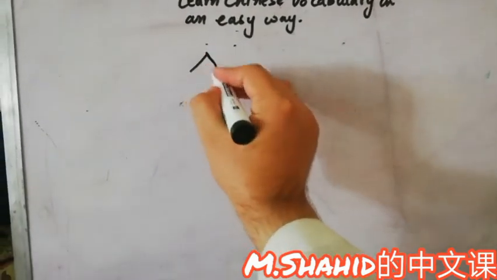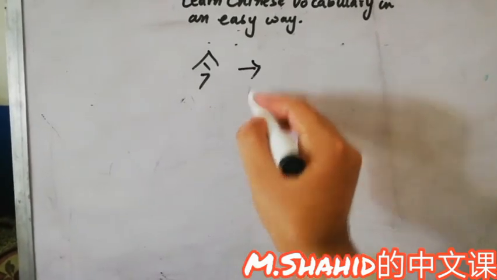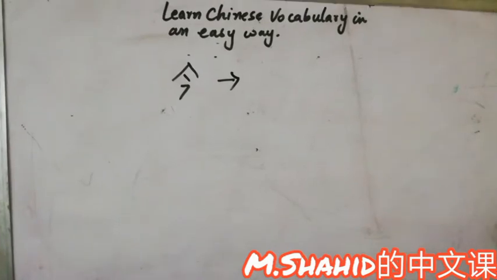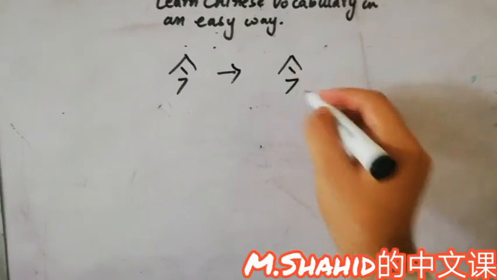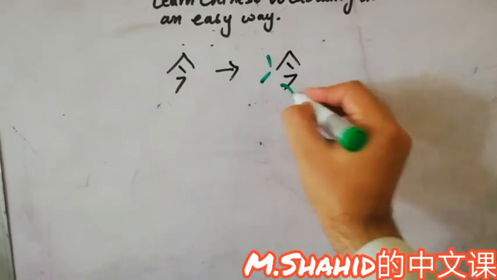You remember this, right? When I transformed it into a new character, what did I basically do with that? I just added this and this.